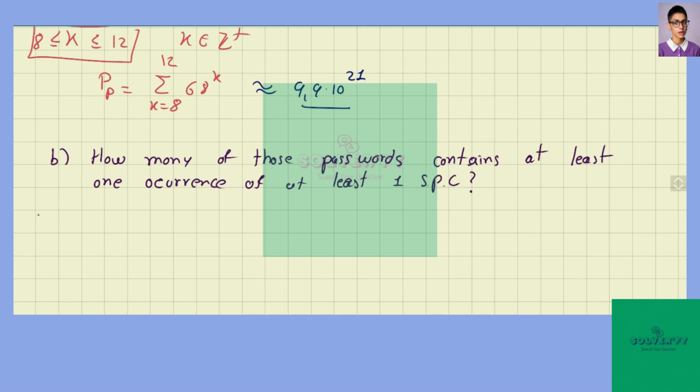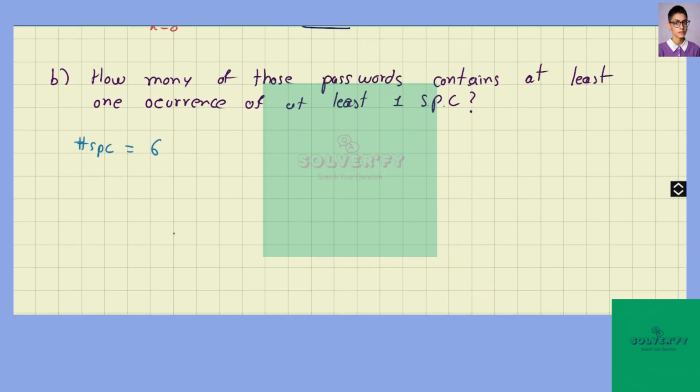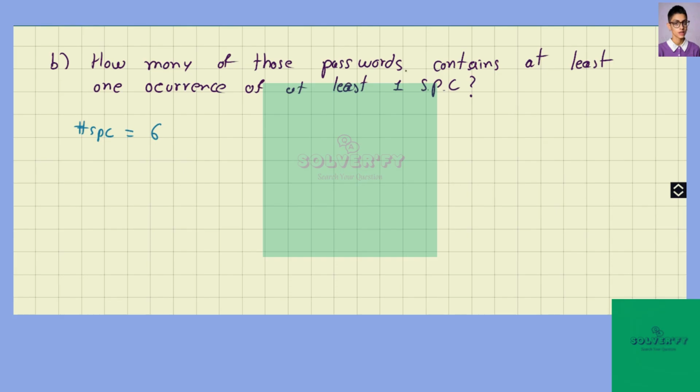Let's remember that the number of special characters is equal to 6. So we have 6 special characters for this kind of passwords, and we need to count how many of these passwords contain at least one of these occurrences.